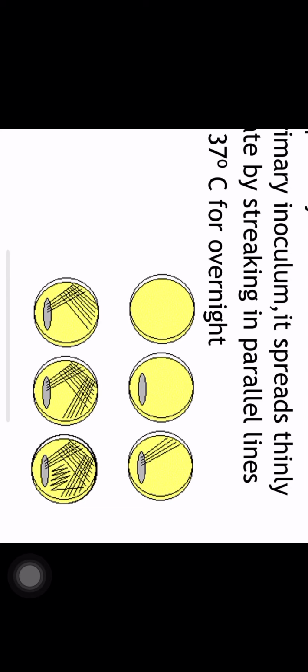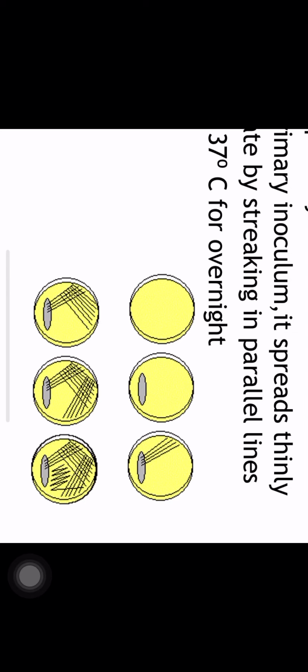Because we sterilize the loop, the previous load of organisms is eliminated, and from the end of the lines new lines are created, and the number of organisms is reduced in the subsequent lines. So by the time we reach the end of the inoculation, we will be able to have pure isolated colonies of the bacteria in the petri dish.